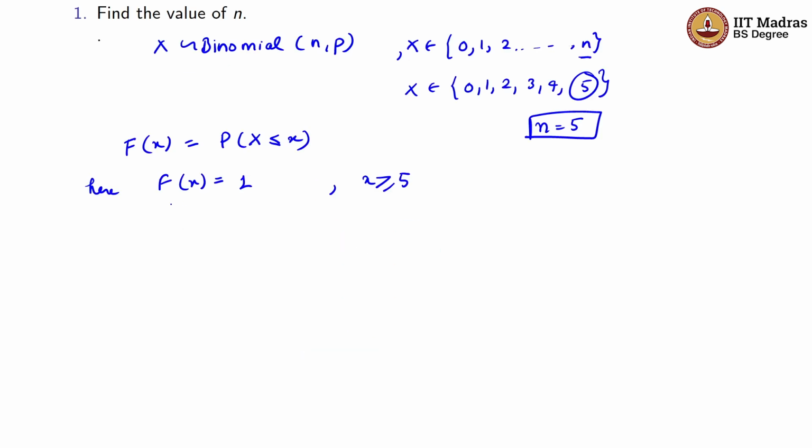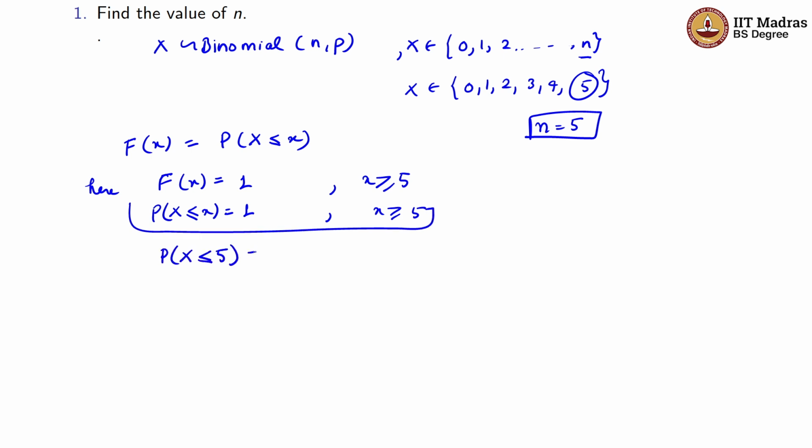Now from this line we can write that the probability of X less than or equal to 5 should be equal to 1. So here we can conclude that X can take values from 0 to 5, so the maximum value that X can take will be 5. So the value of n will be 5.